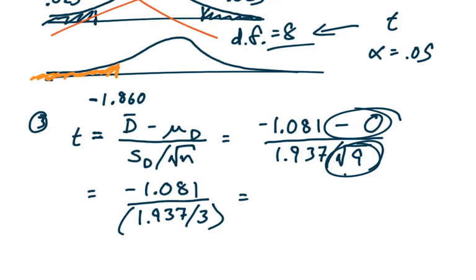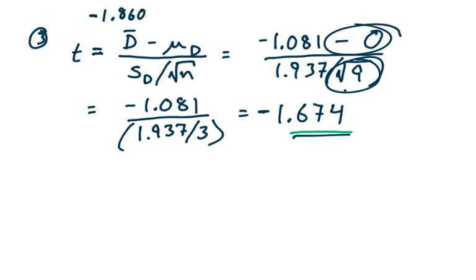And the calculator says we get out negative 1.674. Whenever we are using the t-distribution, our test statistic can go all the way out to 3 digits past the decimal place, because those critical values in the t-table all go out to 3 digits past the decimal place. All right, so let's move on.